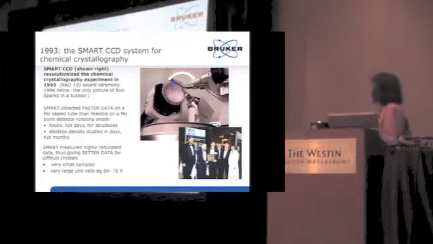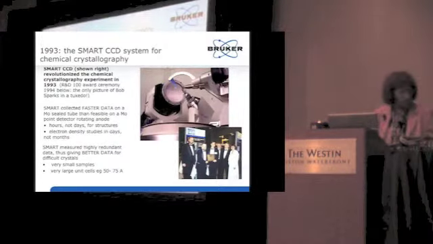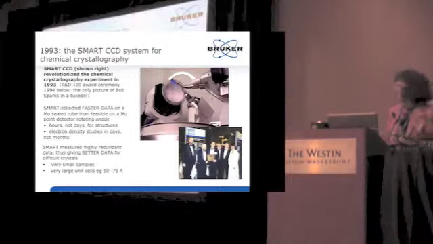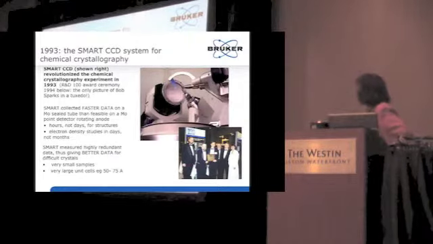So here was what the first CCD machine looked like for home lab use. We introduced that in '93 at a Pittsburgh diffraction conference, and here it is with the now classic fixed chi magic angle.